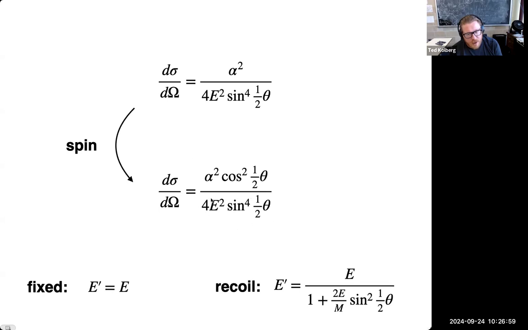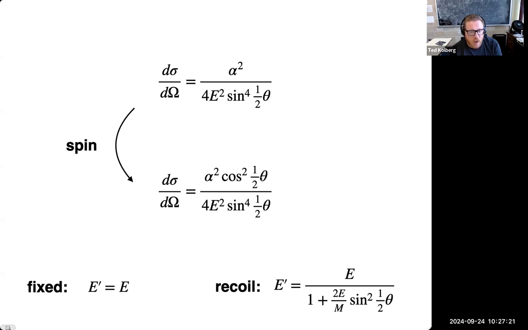The denominator is still the same, but the effective spin introduces this cosine squared of 1/2 theta term in the numerator. So because this is in the numerator, the closer we are to 0 theta, the closer that this correction factor on the top is to 1.